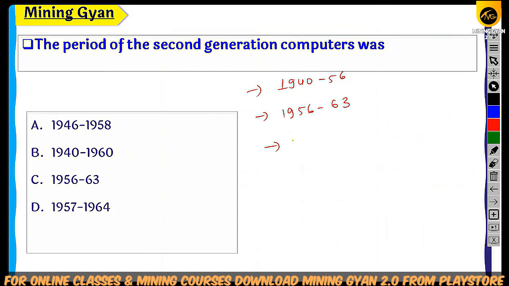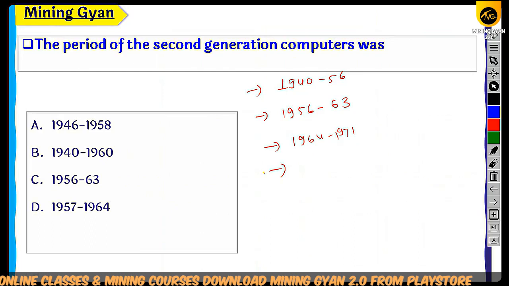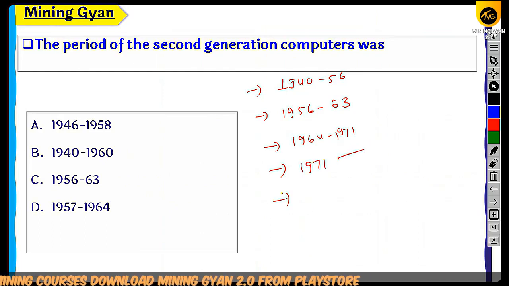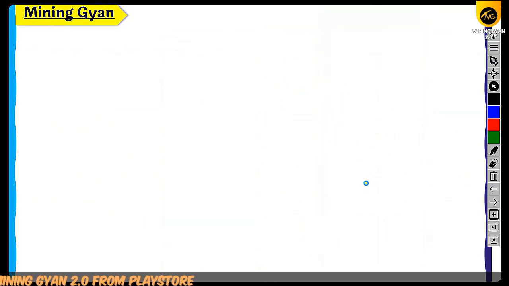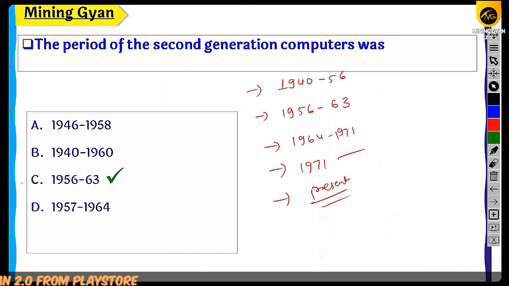Then the third generation started from 1964 to 1971, and the fourth generation from 1971. And the fifth generation is the present generation. Okay, so the answer to this question is option C, 1956 to 63 is the second generation.